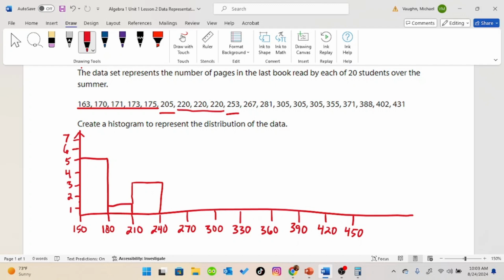And that happens twice. So we find 2, and that's how tall this bar will be. Next, we're looking for any numbers that are at least 270 but less than 300. And that happens once. So we find 1 to the left, and we draw this bar to be 1 tall.